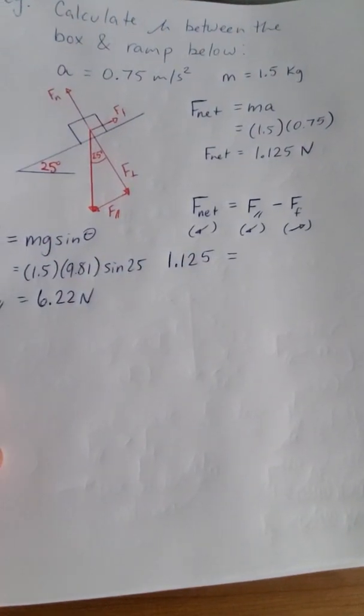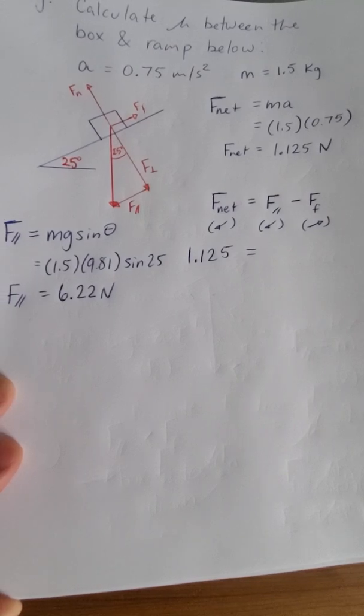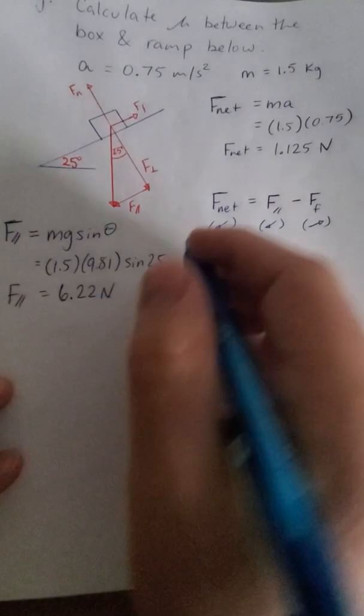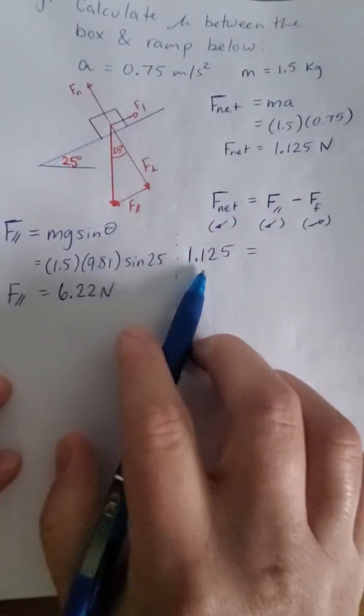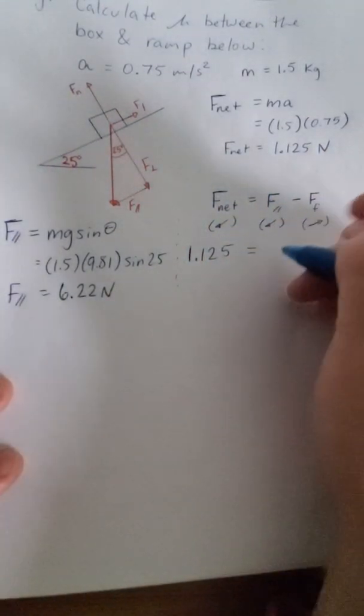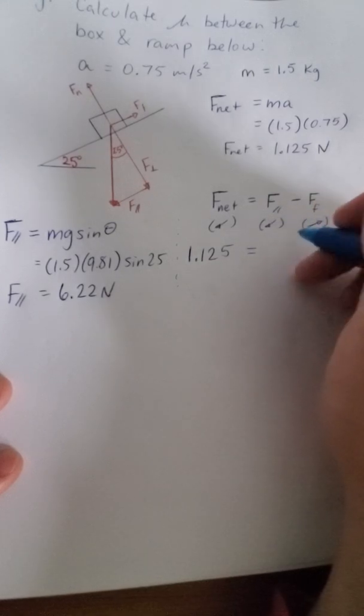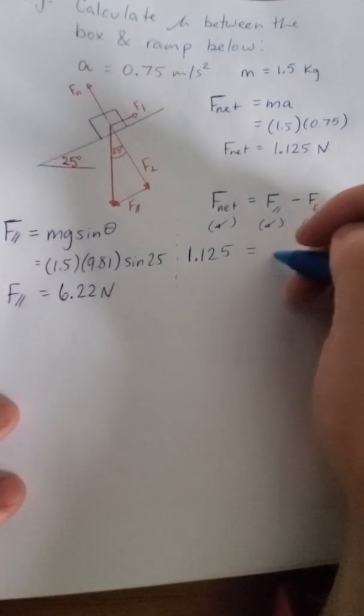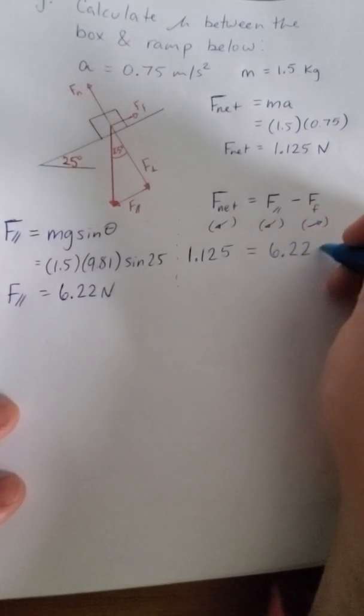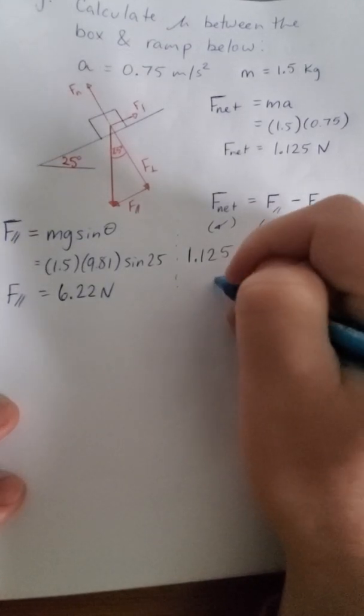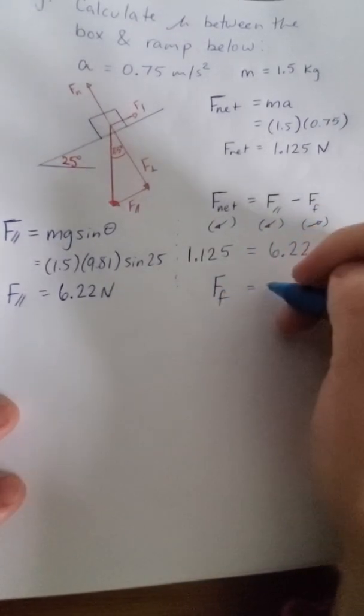Okay, so I've calculated that 6.22 newtons are pulling the box down the ramp. However, only 1.125 newtons is the net force. Okay, the difference, of course, will be that force of friction.